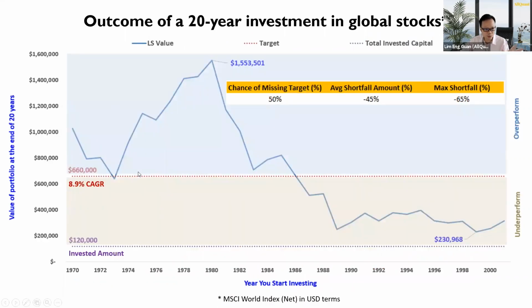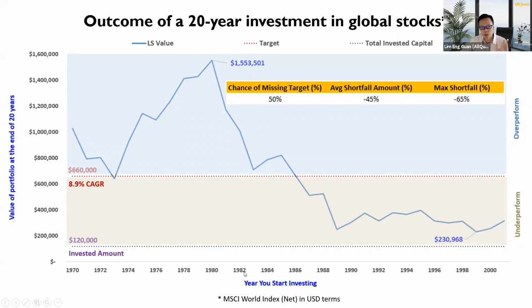I believe most of you are familiar with investing in stocks. So let me try to reinforce this concept again with a scenario using actual global stock price data. What this chart shows you here is the outcome of a 20-year investment plan. In this scenario, you invested $120,000 into global stocks at the start of the year, indicated by the horizontal axis over here.